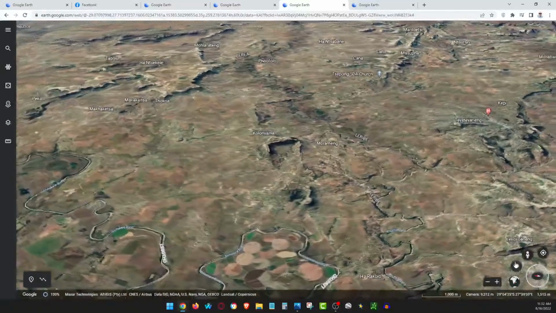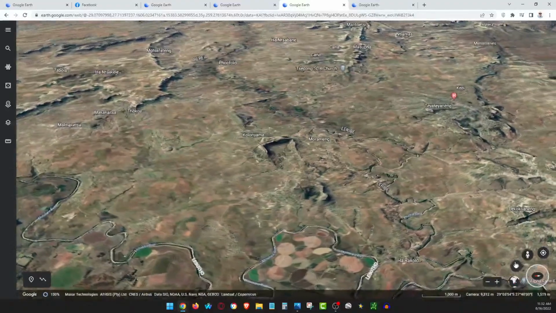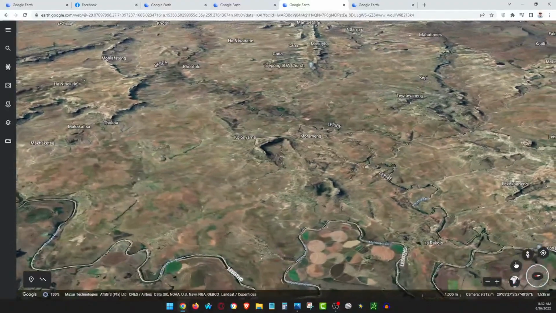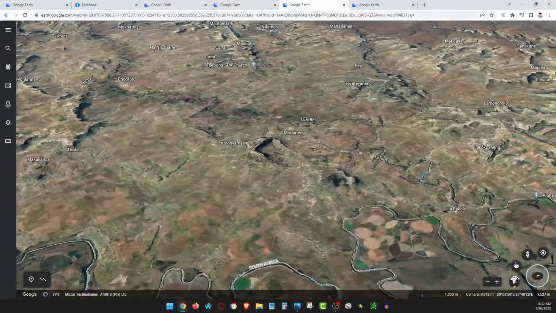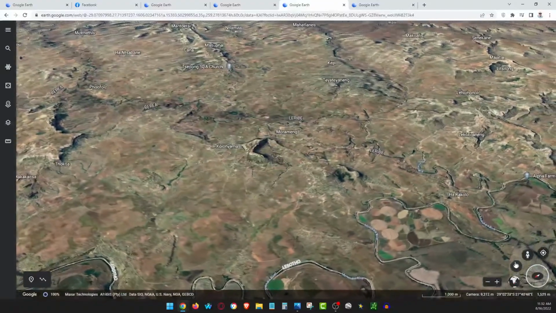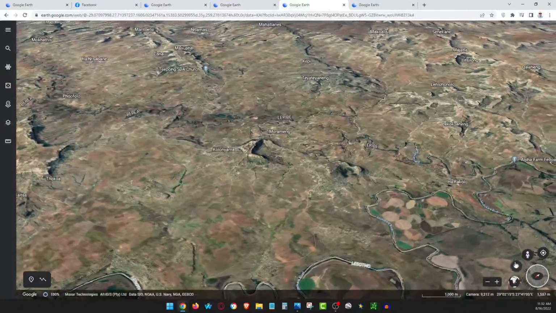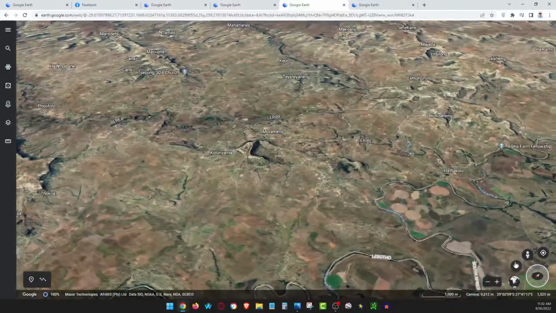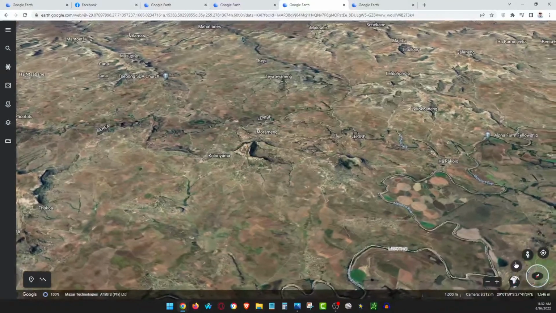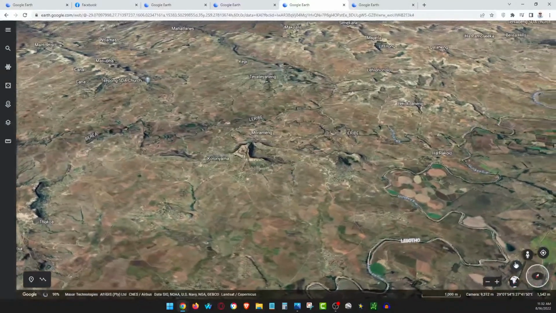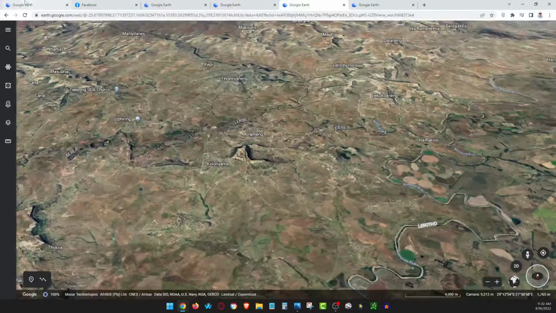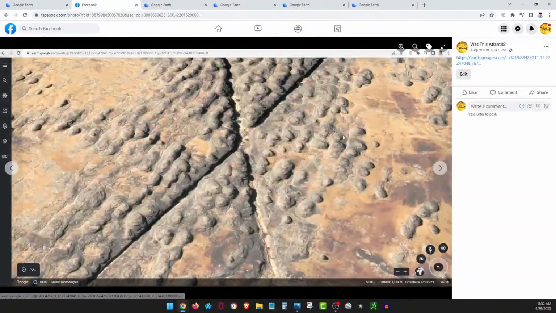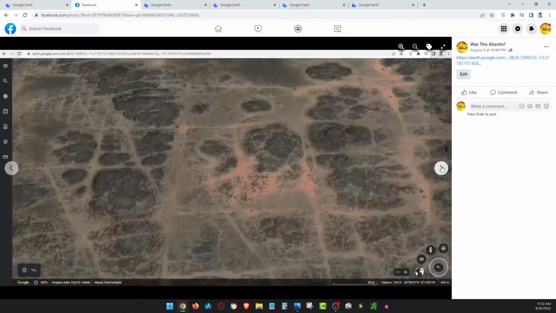So I really think that this is a big part of the missing link down in South Africa, and I would like to get down there and take a look at this. This is in Lesotho, not South Africa, and one of these days I'm going to try to get in there and visit this place. I found another place very similar to this in South Africa, and you can check my pictures over on Facebook.